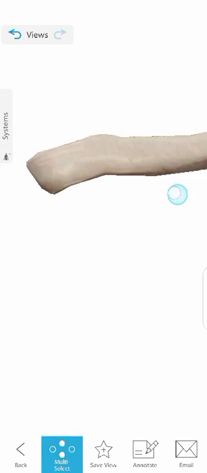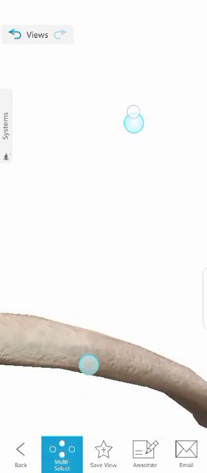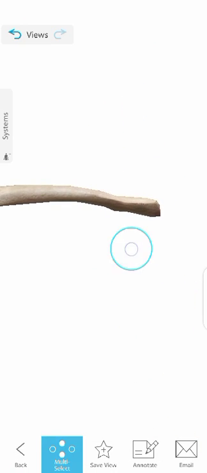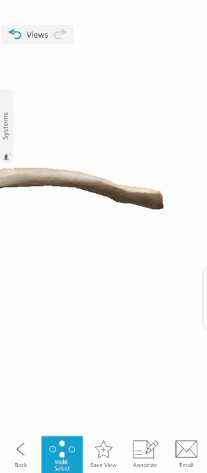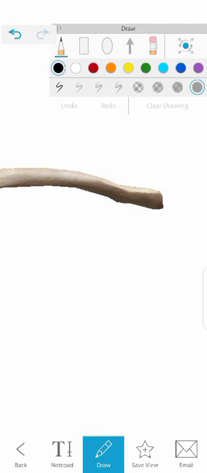But when you go to the lateral aspect of the ulna, I don't know whether that was what they were trying to show with this bump here.